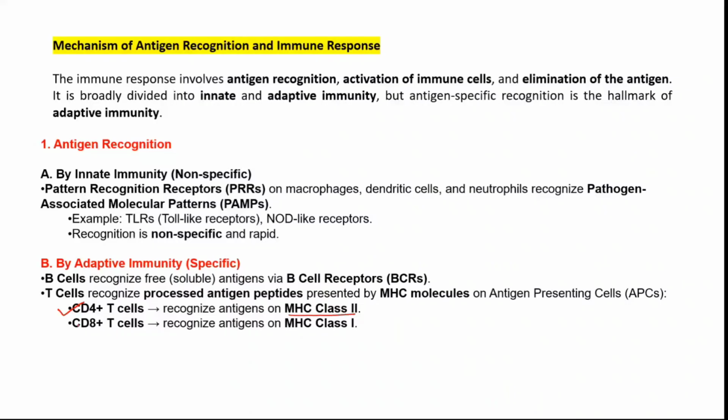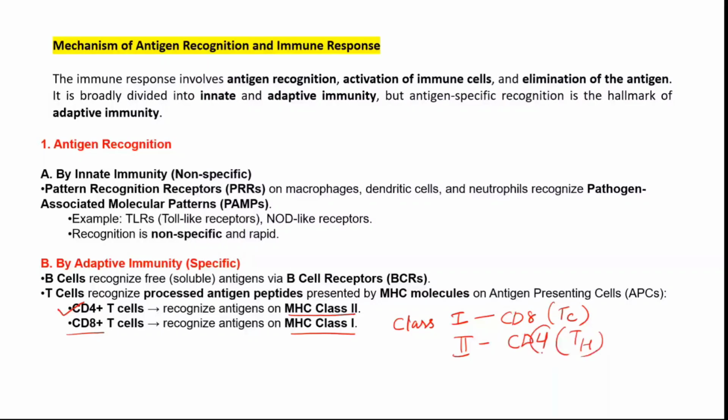CD8 always recognizes antigen on MHC class 1. I just told you that we have different kinds of MHC classes. So what does MHC class 1 recognize? CD8 cell, and CD8 is present on the cytotoxic T cell. Likewise, class 2 is recognized along with CD4, and it is present on the T helper cell.